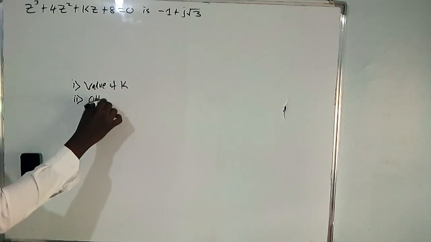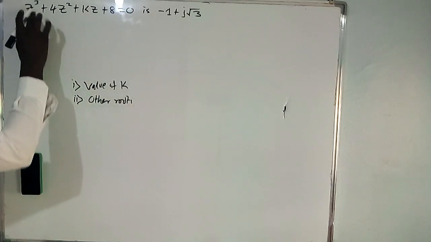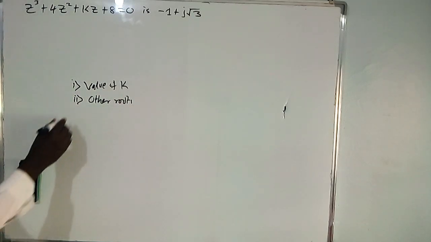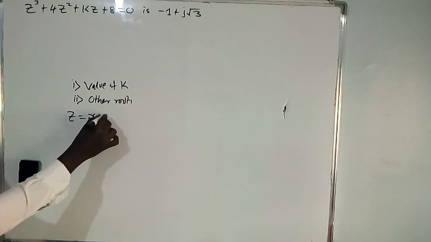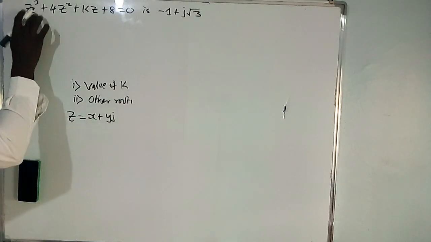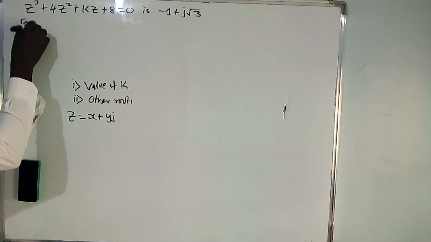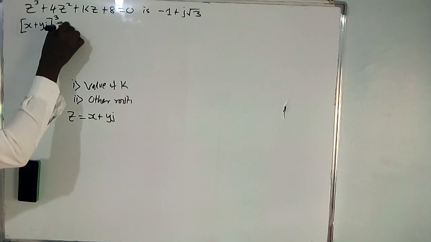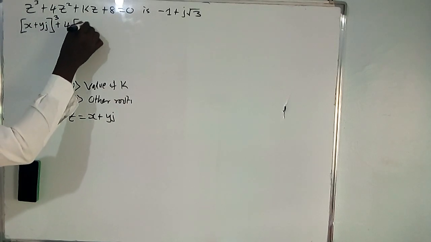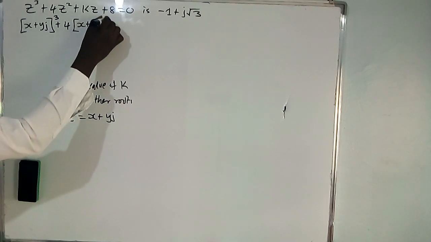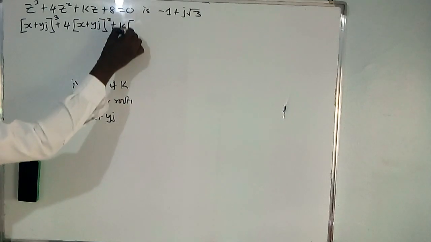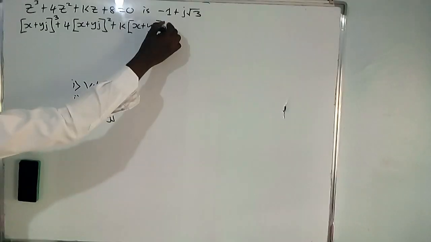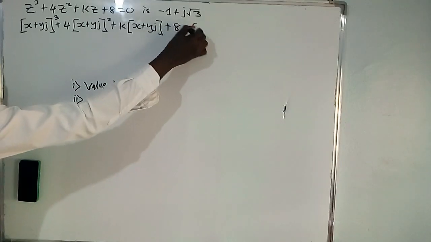So the first thing is to change this equation into the form of x and y. The complex number z can be written in the form x plus yj. So anywhere you see z, you put x plus yj. So we have z cubed, meaning (x plus yj) cubed, plus 4z squared, meaning 4 times (x plus yj) squared, plus kz, meaning k times (x plus yj), plus 8 equals 0.